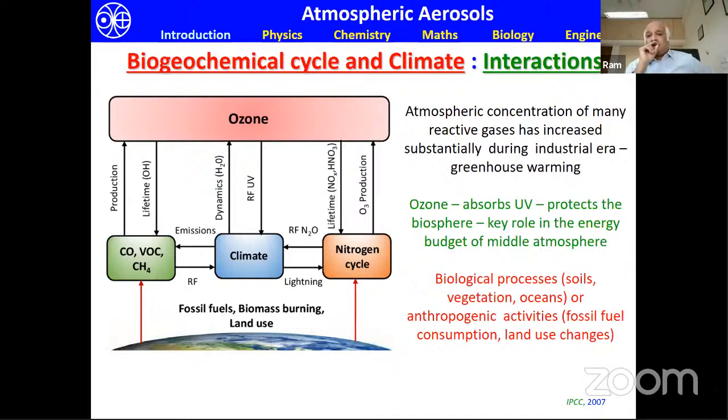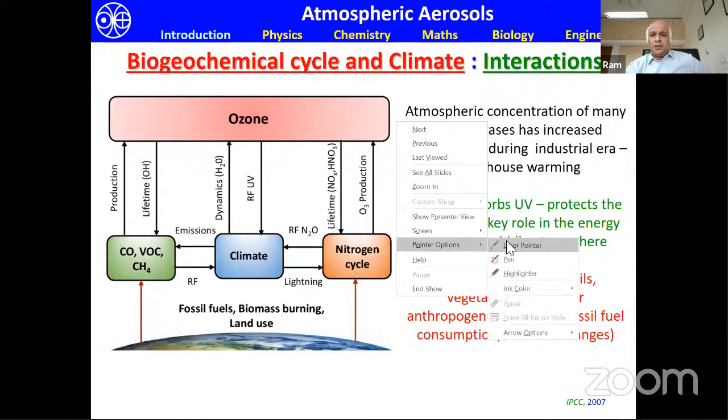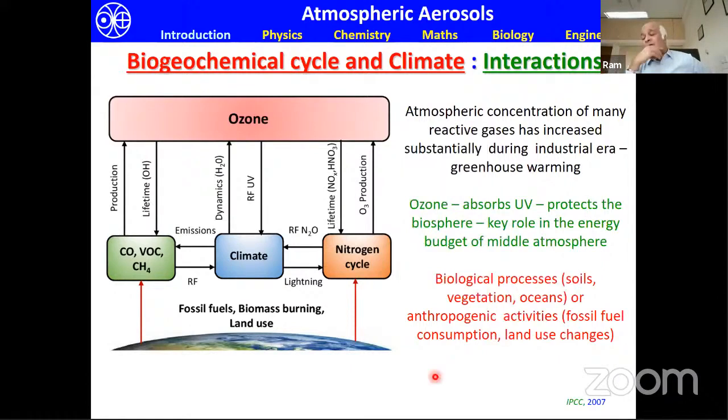Then the biological process, where the biogeochemical cycle comes in: the changes in the soil, vegetation, oceans, or anthropogenic activities, and the emissions coming from these, namely the fossil fuel and biomass consumption, changes in the land use, etc., they all contribute to changes in the climate. So directly and indirectly, aerosols form a part of this biogeochemical cycle.